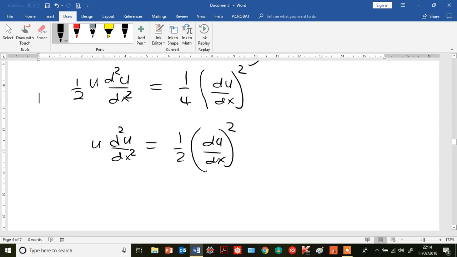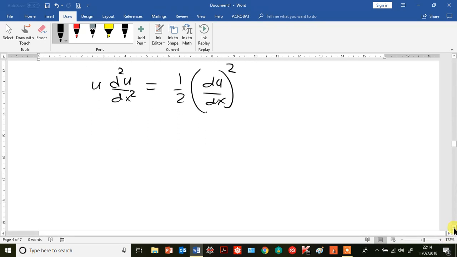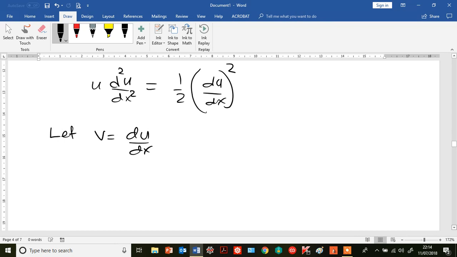Now, this is still quite complicated, so we have to use another substitution. I'm going to let v equal du by dx, which means that dv by dx is equal to d squared u by dx squared.